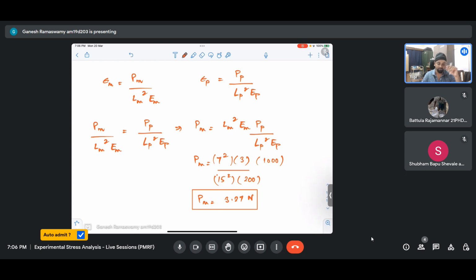In which case, we should be cautious to have our similitude relations account for the reduction in stiffness at that temperature. There is a lot of literature available on the material properties of these polymers at different temperatures. So once we arrive at the conclusion that we have to do stress freezing, we should calculate our loads according to the stiffness that it would have inside the furnace, not at room temperature. That is for stress freezing applications.